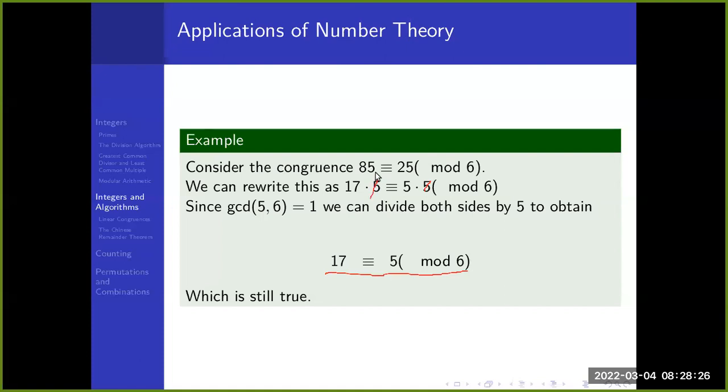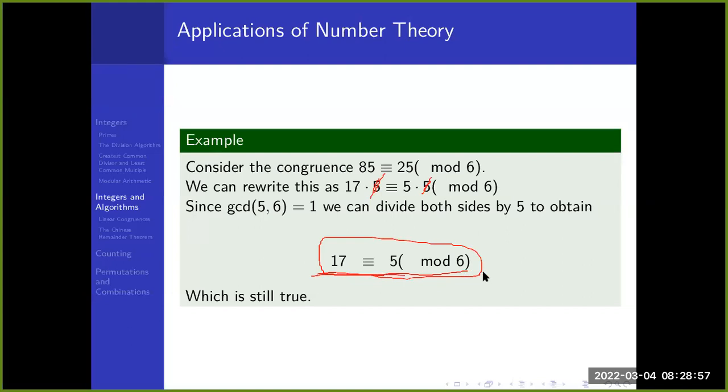So if 5 was not relatively prime with 6, it's 5, 12, and 12 is divisible by 6.